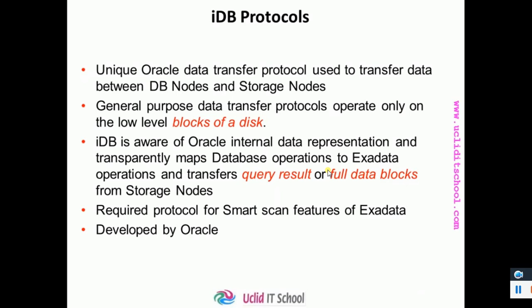So the general purpose protocols transfer the entire block, whereas the iDB protocol can transfer the entire block or a part of the block, only the matching rows, to the database server. That way it is more efficient.